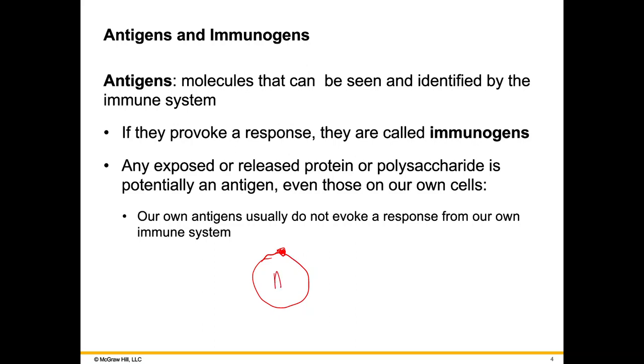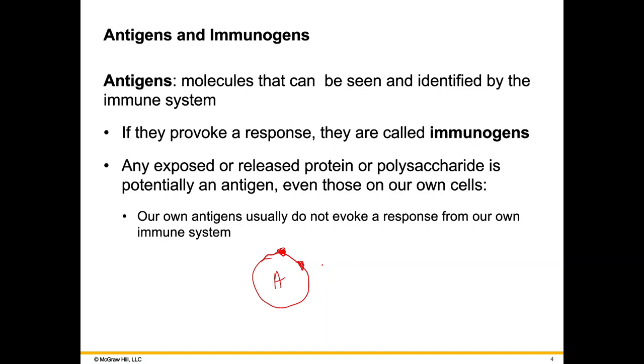So if this person here has the type A blood type, they will have type A antigens, and these antigens are proteins. And our immune system identifies those A antigens as self. So they do not provoke an immune response. They're still antigens because we can identify them, but they don't provide an immune response or a reaction, so they're not considered immunogens in this case.